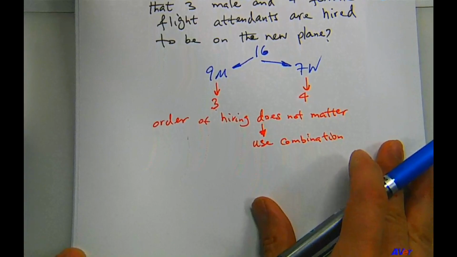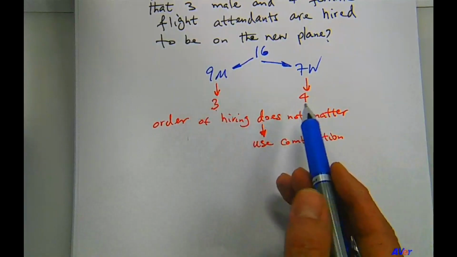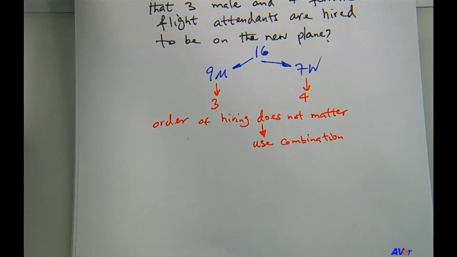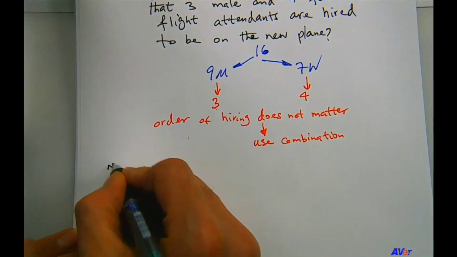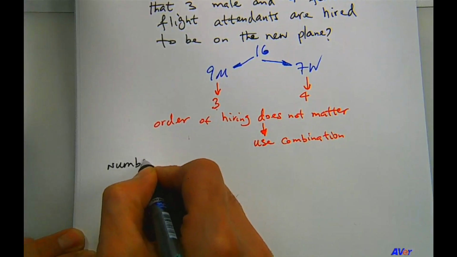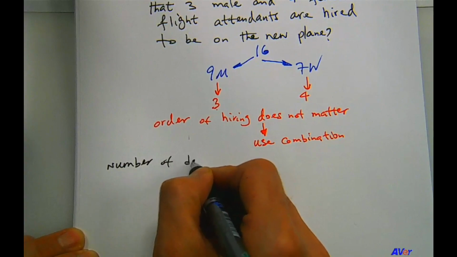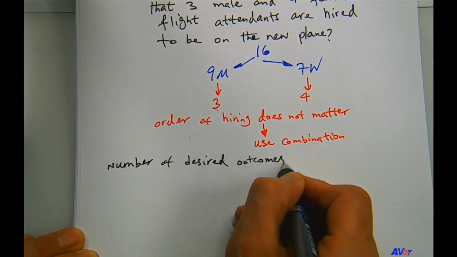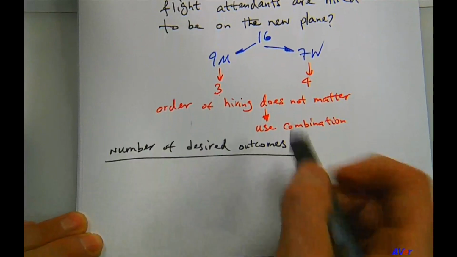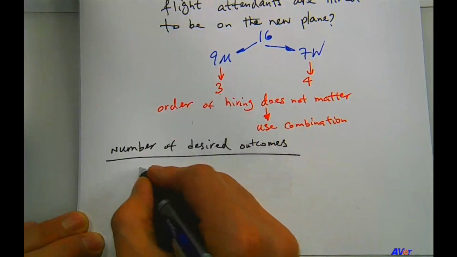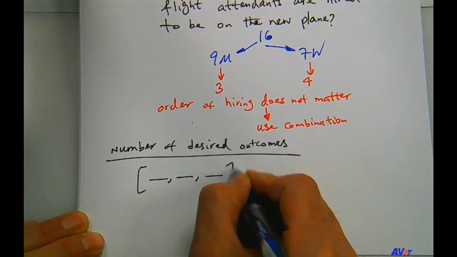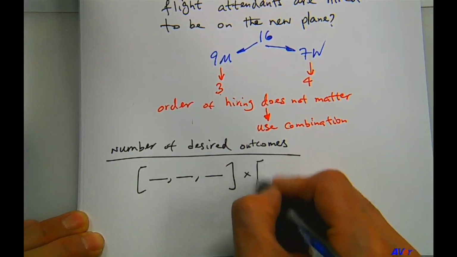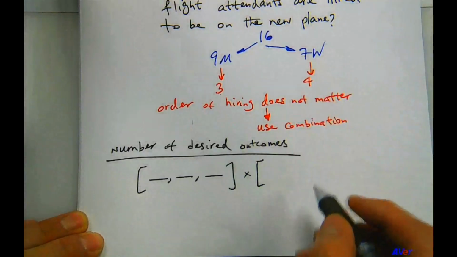So let's first calculate the number of desired outcomes. So that would be 9 choose 3 times 7 choose 4.